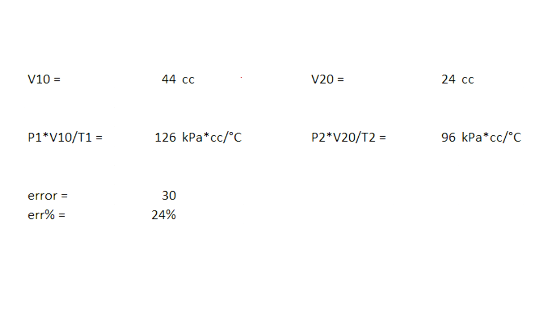Here we have B10, which is volume 1, the initial volume plus volume 0, and volume 20, which is volume 2 plus volume 0. And here are pressure times volume over temperature for both parts.